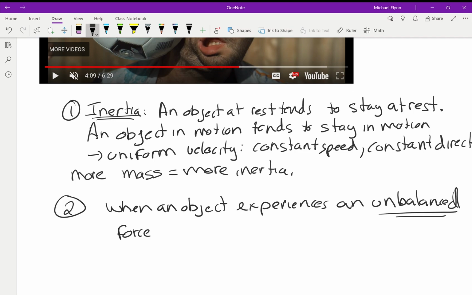Those two forces balance each other, and I end up not accelerating anywhere. If the force is unbalanced, you take the chair away and the person falls, right? Now we see that gravity would be an unbalanced force. You drop something out of your hand, it falls because of gravity. Your hand is balancing the force of gravity. When you drop something, it's unbalanced, and so it falls because of gravity, accelerates downwards. So when an object experiences an unbalanced force, it accelerates in the direction of that force.